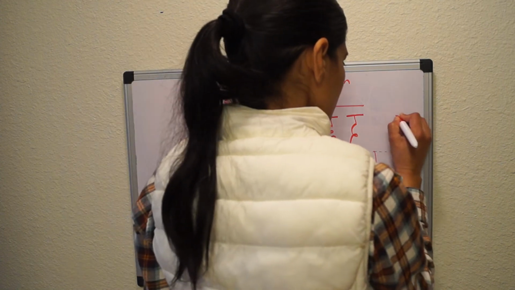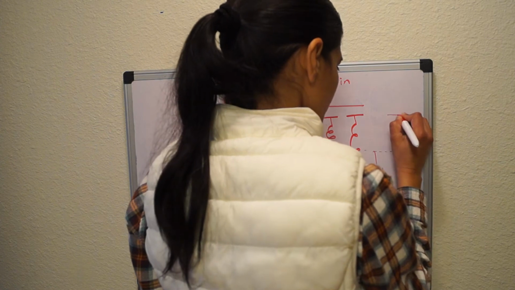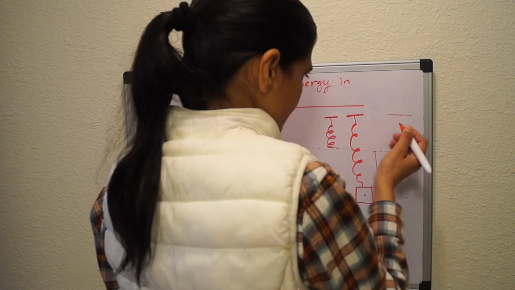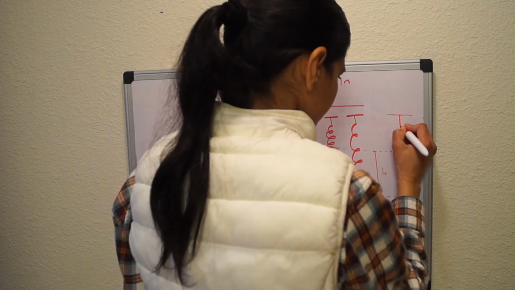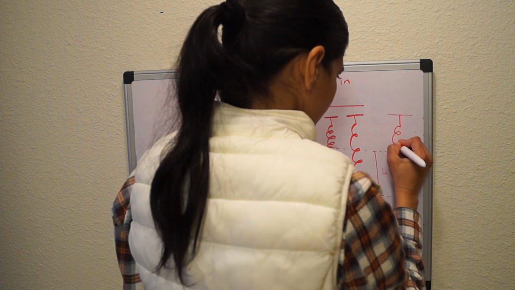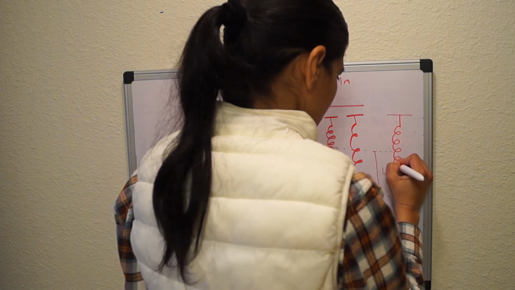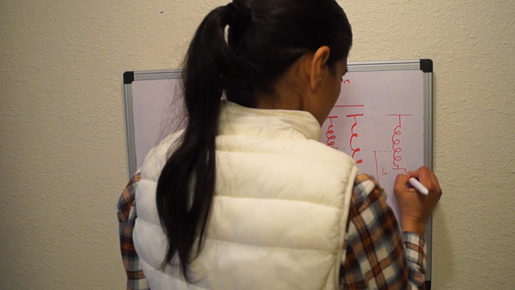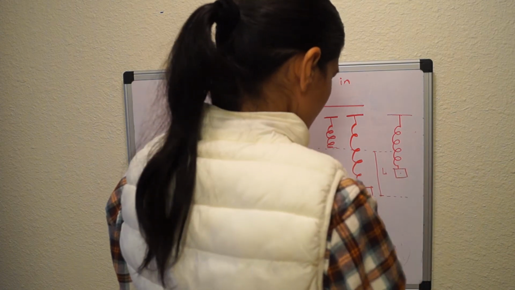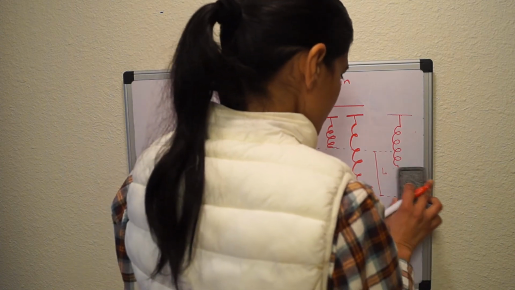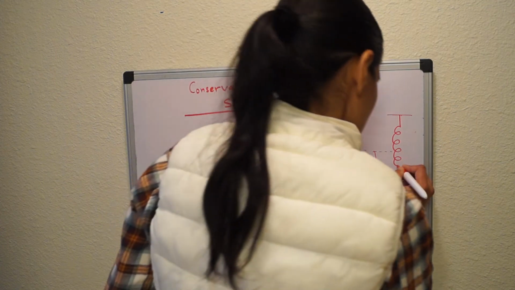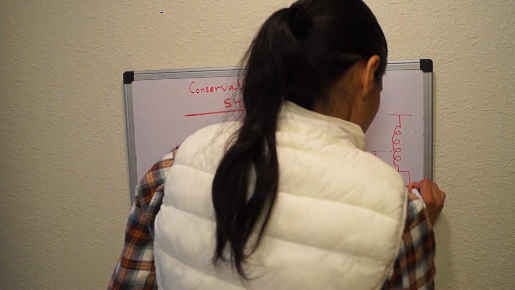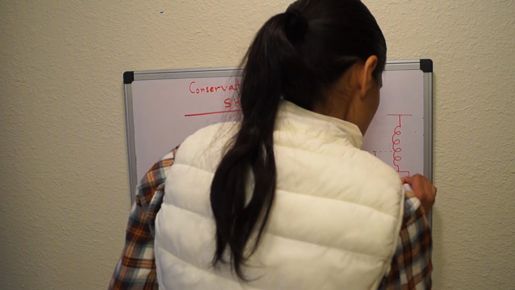So let's make one more diagram here where the spring is coming back. I'm trying to draw the same, it looks smaller, but really it's supposed to be identical. Okay, so it comes back here.